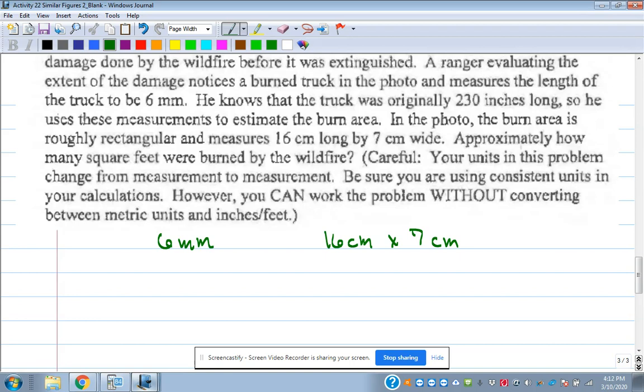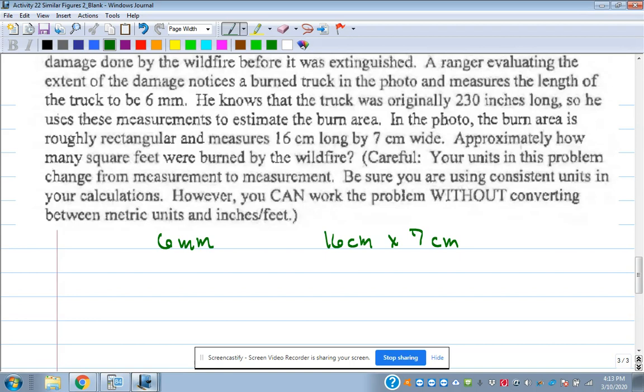To both being the same unit. From millimeters to centimeters would be easier, and from centimeters to millimeters would be pretty easy. But either way, I'm a millimeters to centimeters kind of guy here, just to keep the numbers smaller. Because if I go from centimeters to millimeters, the 16 by 7 is going to get to be 160 by 70, which is bigger, big numbers.